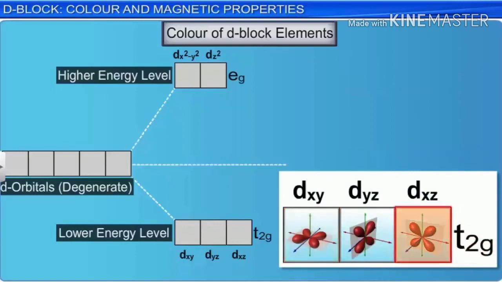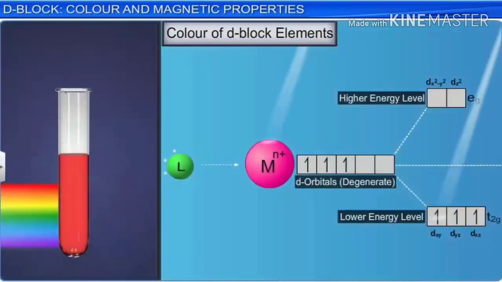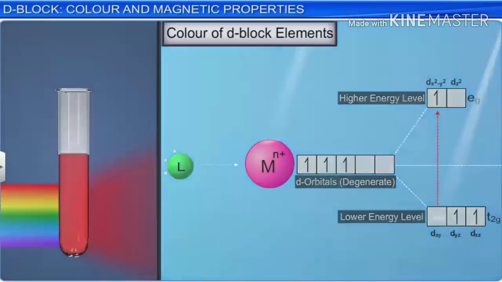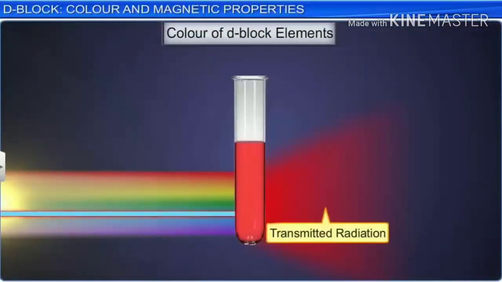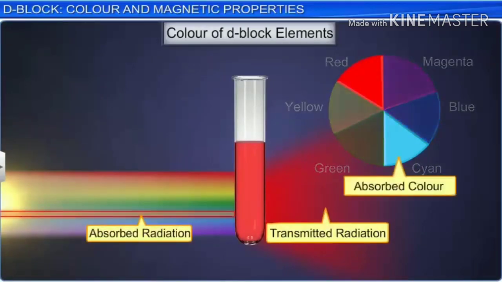The other set is known as t2g. When white light is incident on a transition metal ion, the electron in the lower energy d orbital set absorbs certain radiations and gets promoted. The transmitted radiation, devoid of the absorbed radiations, is the complementary color of the absorbed light.